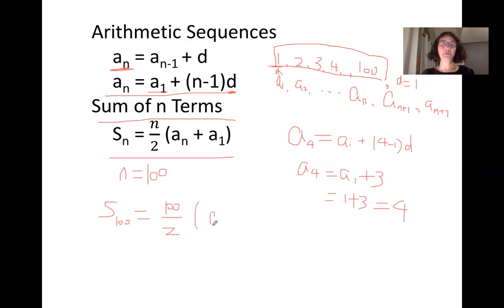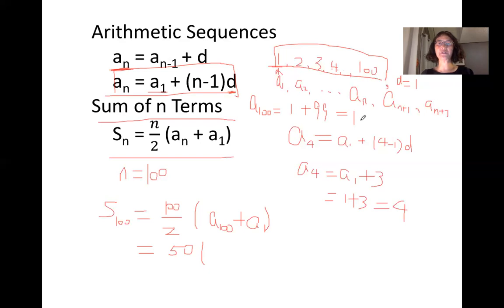This An represents A100, plus A1, equals 50 times the bracket. And how do I get A100? You use this formula. A100 equals A1, which is 1, plus n minus 1, n is 100, so 99, times d, d is 1.